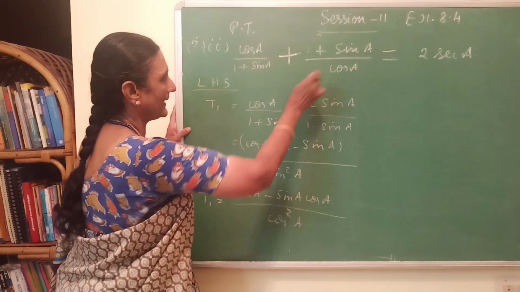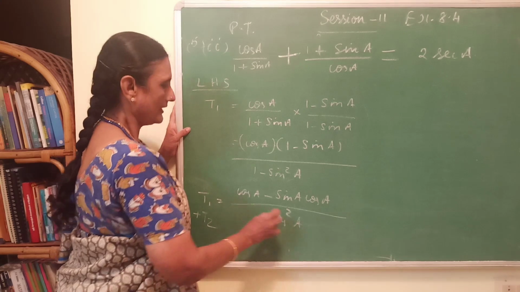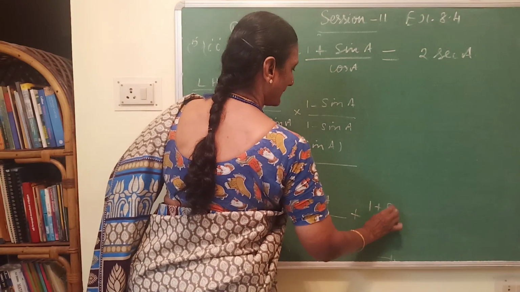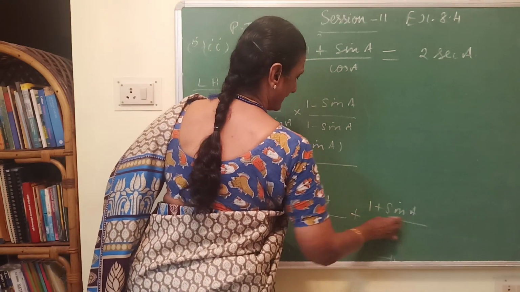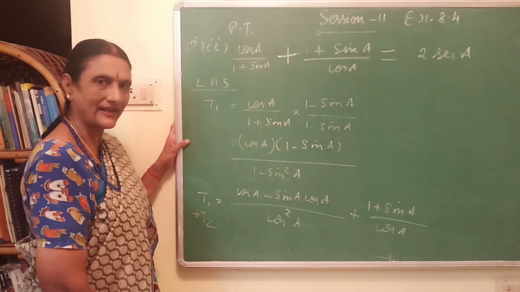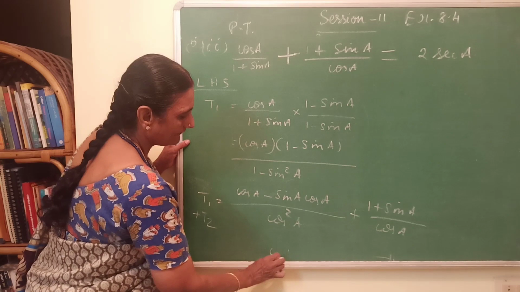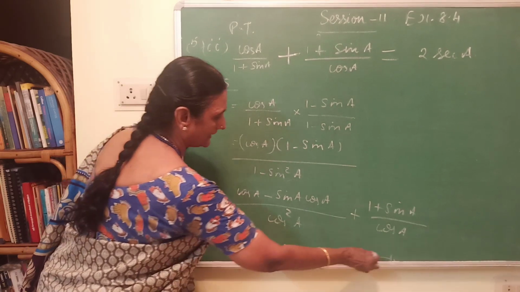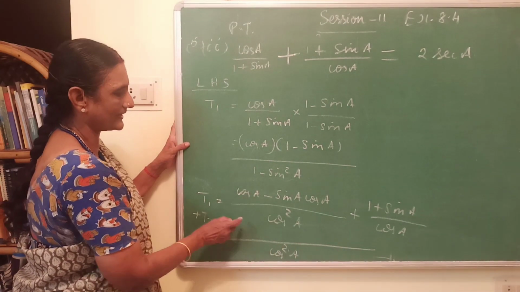Now we have to combine term 2 also. The term 2 is (1 plus sin A) divided by cos A. Now if you take cos square A as the common denominator, which I will be writing here, the numerator becomes what?